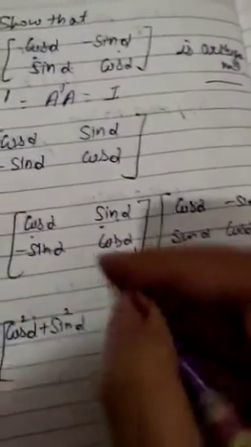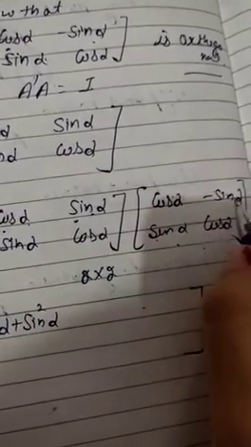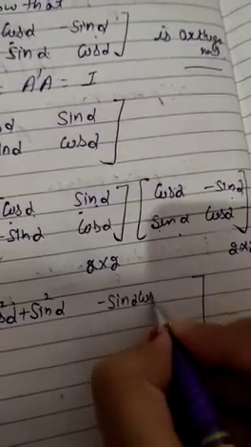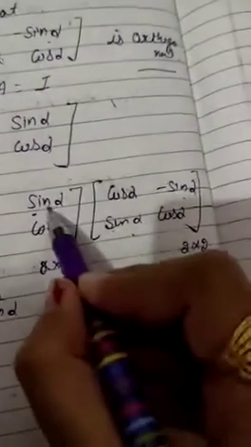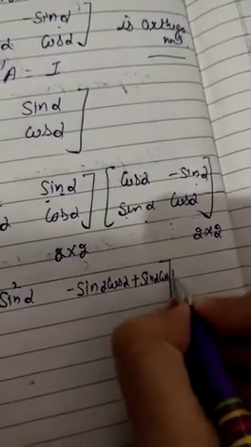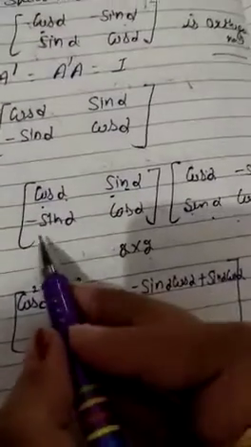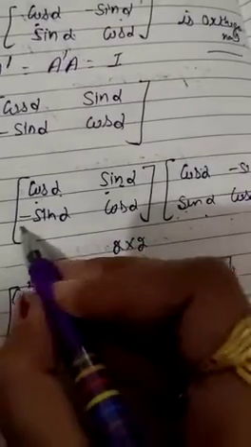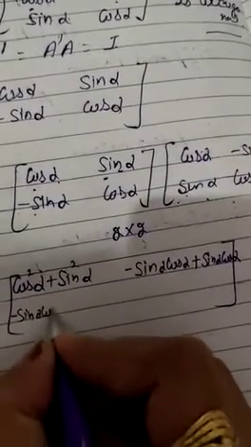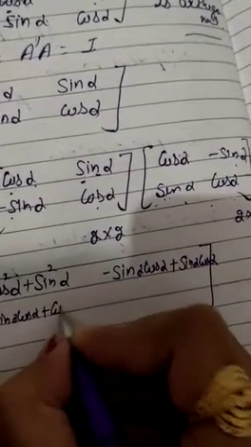For the second element, first row, second column: cos alpha times minus sin alpha is minus sin alpha cos alpha, plus sin alpha multiplied with cos alpha, it is sin alpha cos alpha. Next is second row, first column: minus sin alpha cos alpha, plus cos alpha multiplied with sin alpha, so it is cos alpha sin alpha.